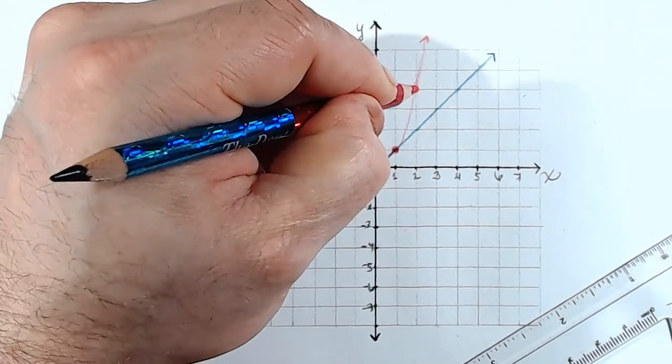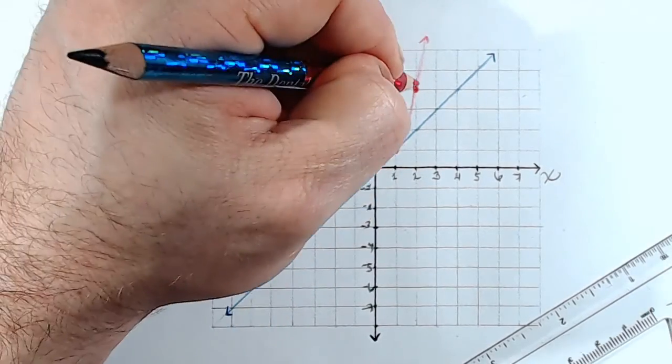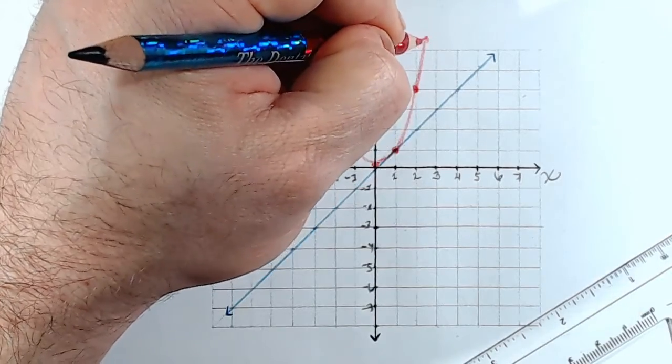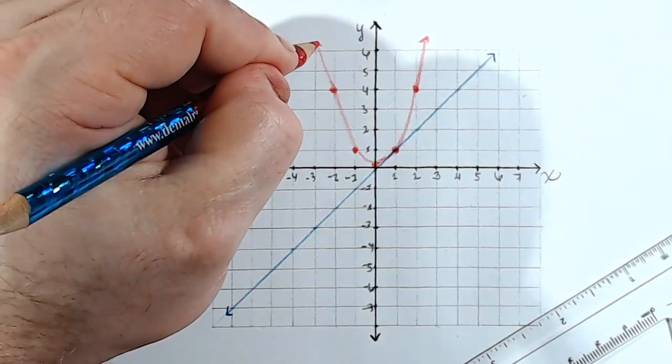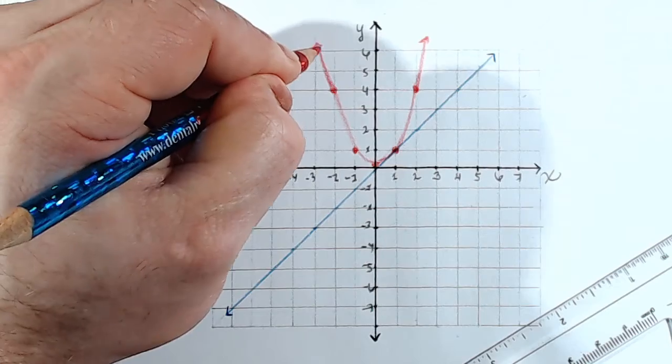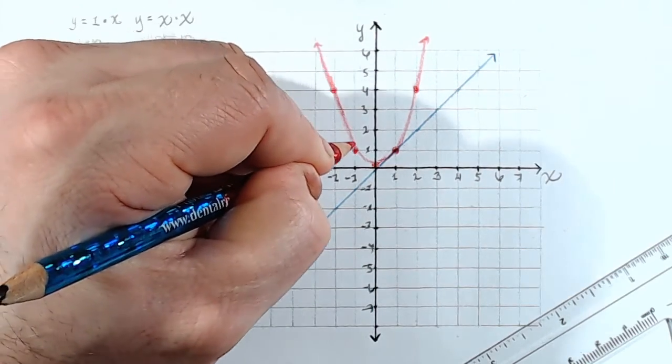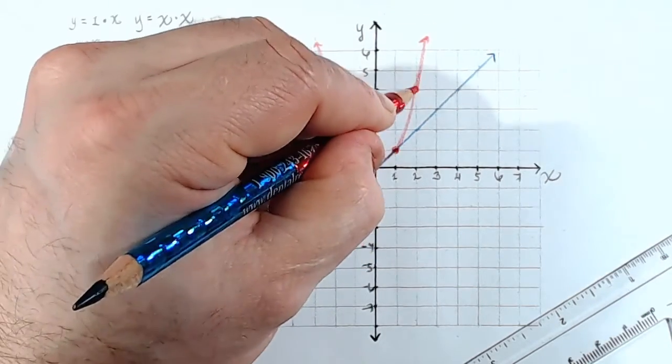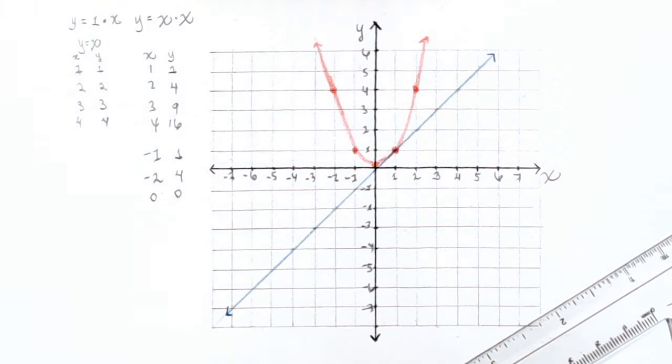Here we go. And now this is a new graph for us, and it looks like a hoop. And that's called a quadratic graph.